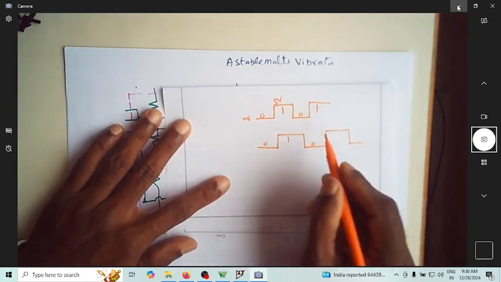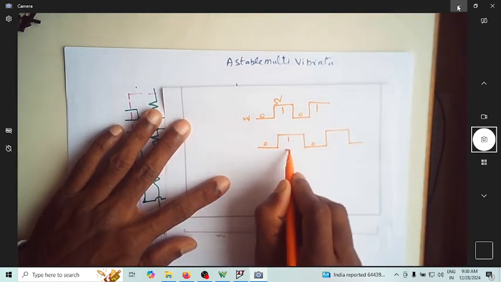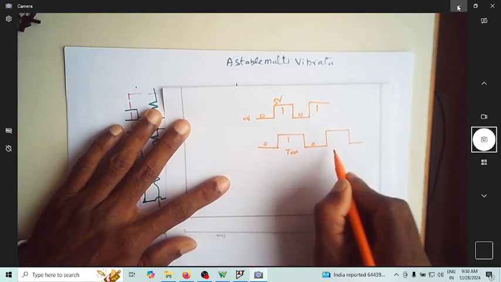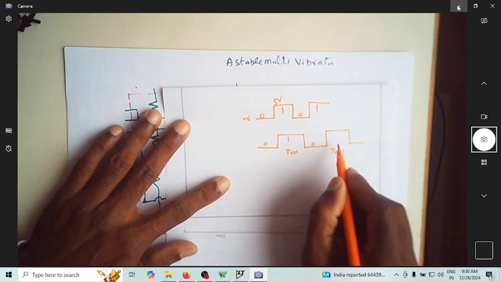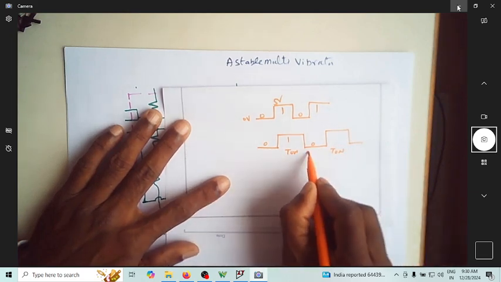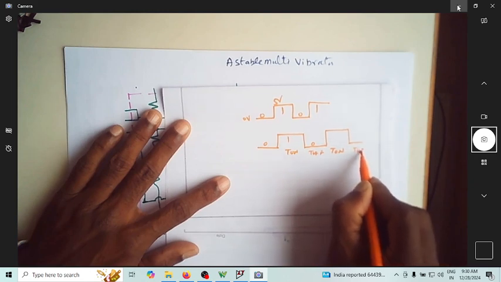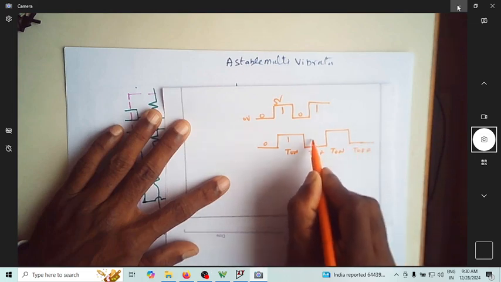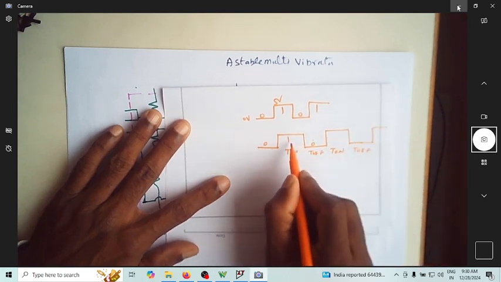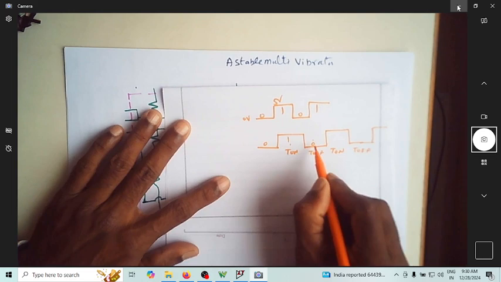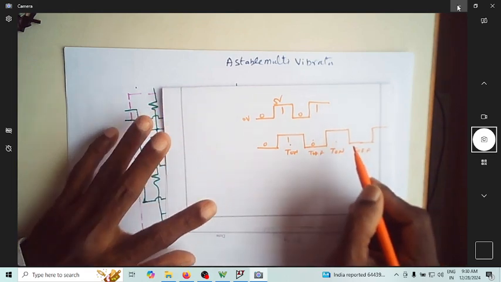Suppose you call this T on, it repeats for the same time after the T off. So T off and T on are repetitive. If it is 2 millisecond, this is also 2 millisecond. If it is 4 millisecond, the T on here is also 4 millisecond.